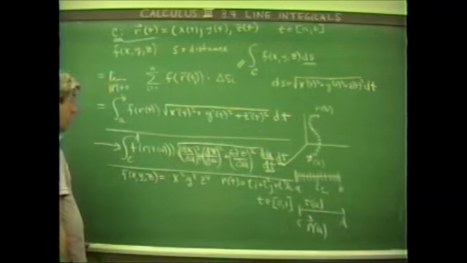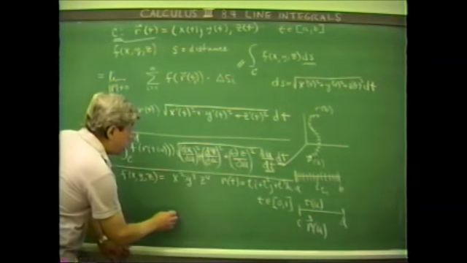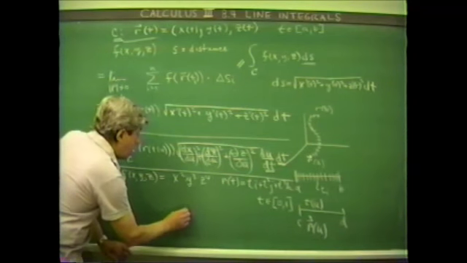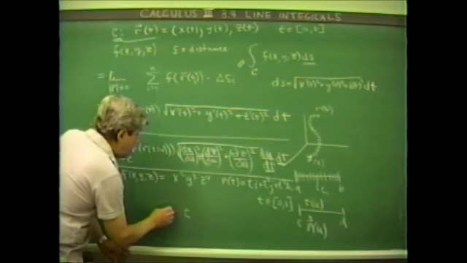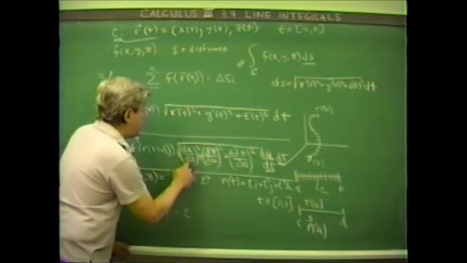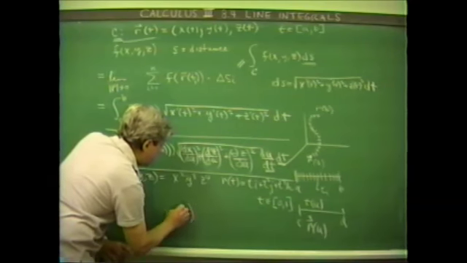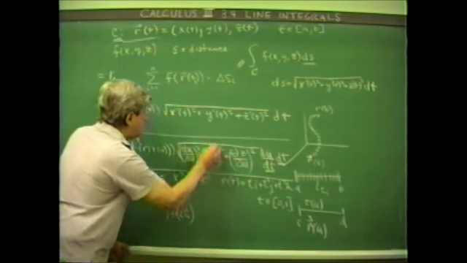Then r prime of t is going to be 1. That's the i component. We want to take it and square it. The j component is going to be 2t, so we want to take it and square it and add that on.